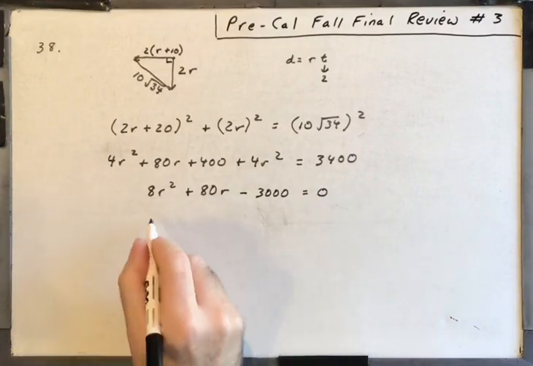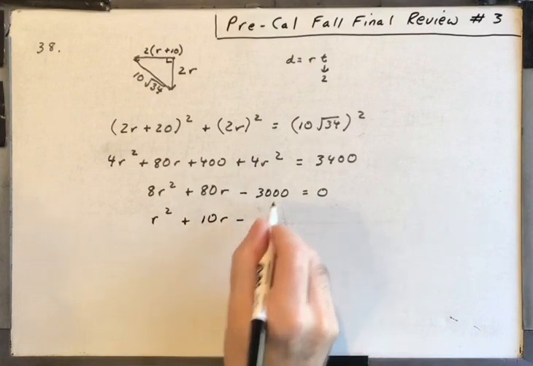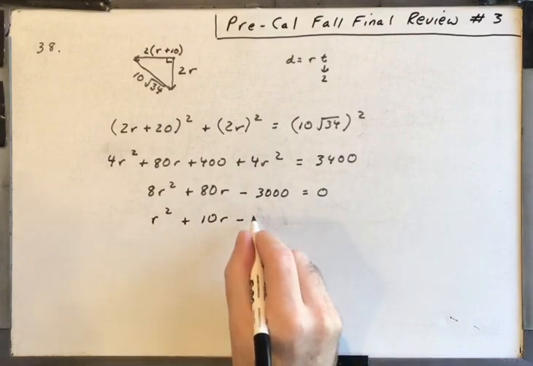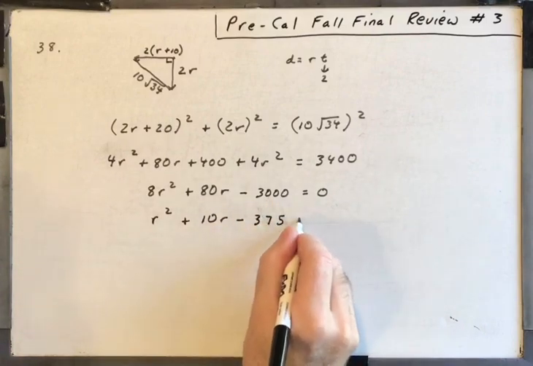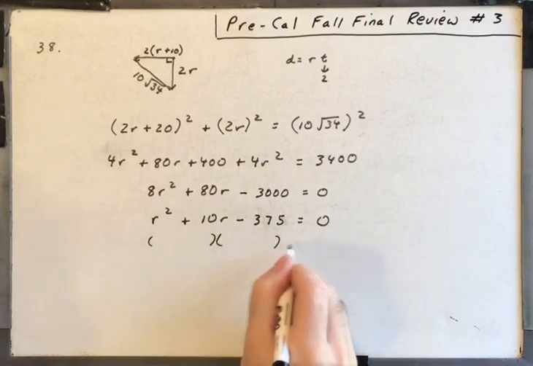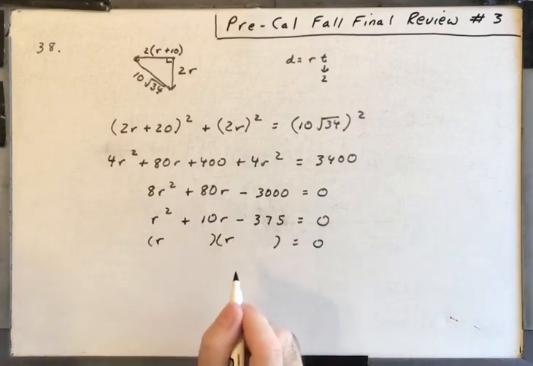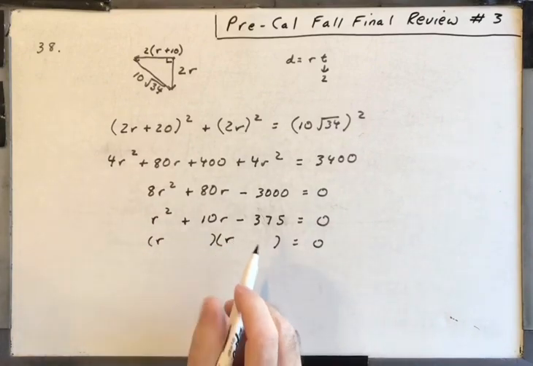Let's factor an 8 out of everything. r squared plus 10r minus 3000 divided by 8 would be 375. And now we're going to factor. If you don't want to factor this, put it in the quadratic formula. All right, r and r.